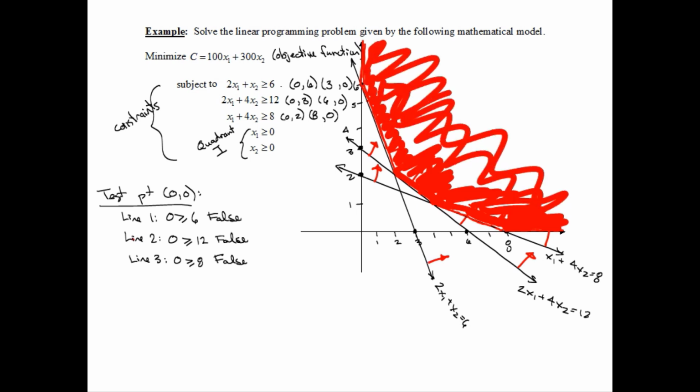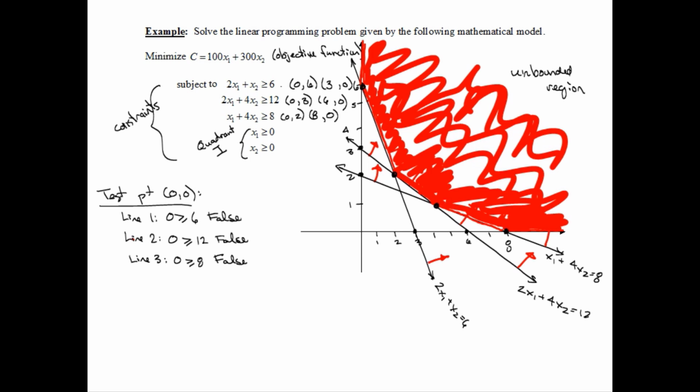Okay, so that's my feasible region, everything out here. This is an unbounded region, right? Because I cannot enclose it in a circle. Okay, so now what I need to do is find all my corner points. So first I'm going to just mark them on here so I know what they are.